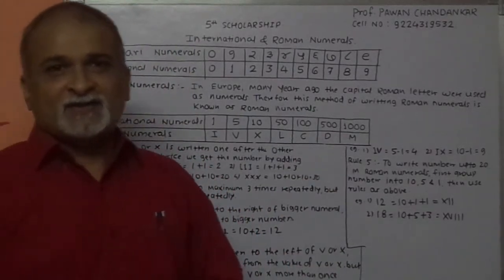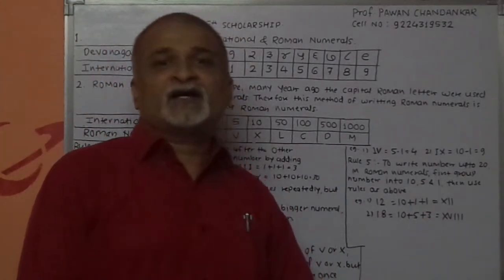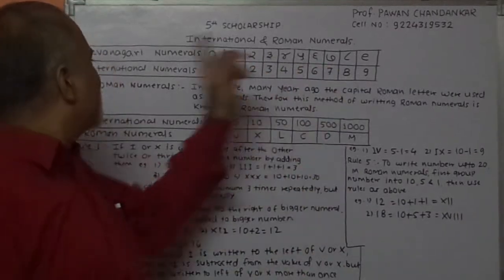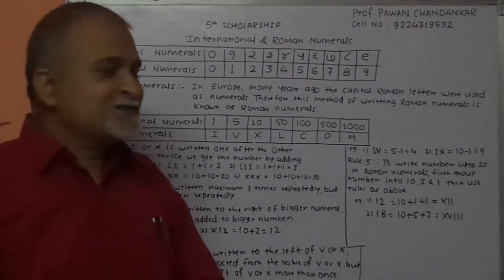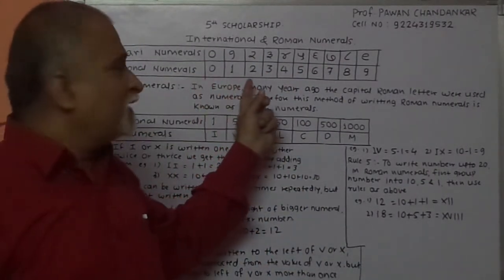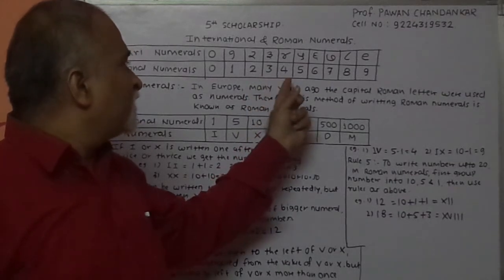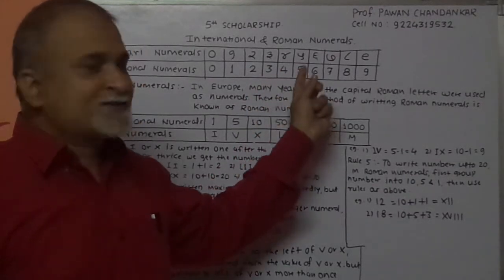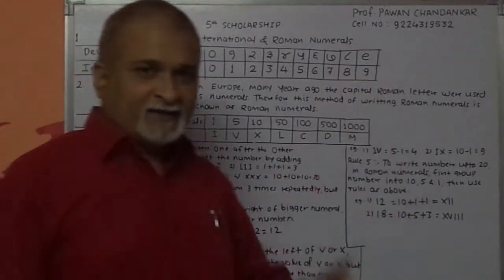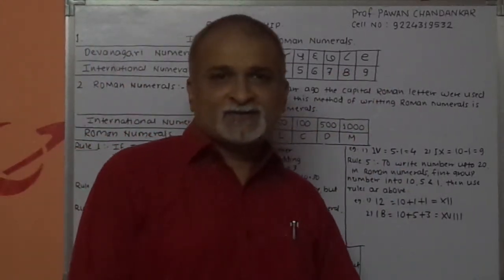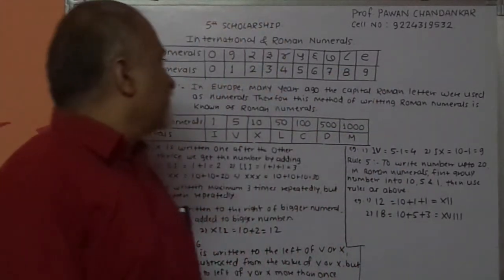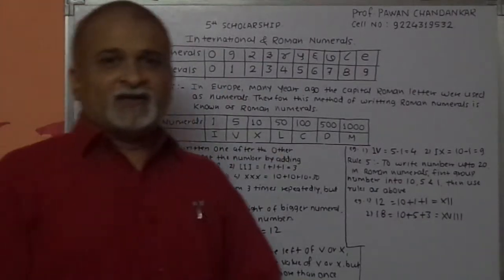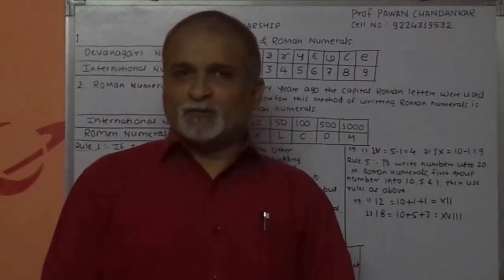Yes, students, these are the Devanagari numerals. The same numbers we write in international numerals as 0, 1, 2, 3, 4, 5, 6, 7, 8 and 9. Very good. The next type is how to write these numbers in Roman numerals.